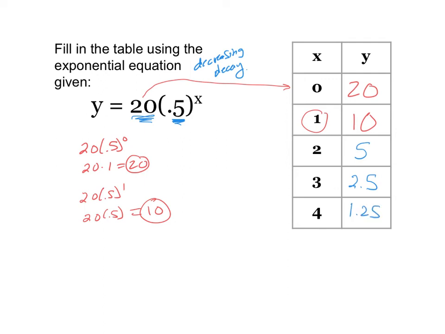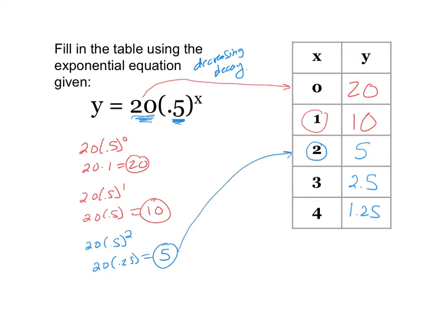And of course, if you wanted to, you could take 2 and actually plug it in for x. So it'd be 20 times 0.5 to the second. And 0.5 squared is 0.25. And 25% of 20 is 5.